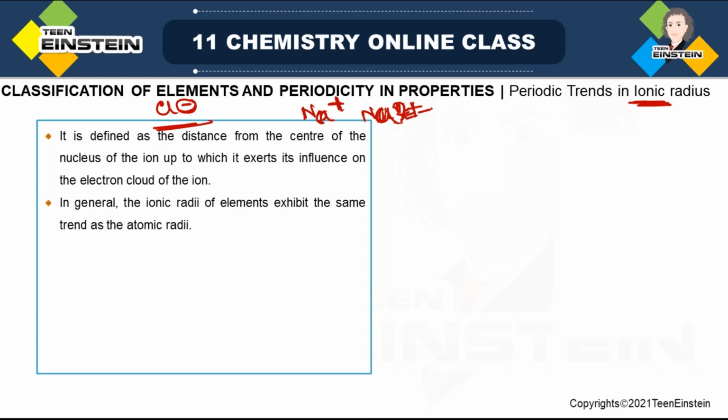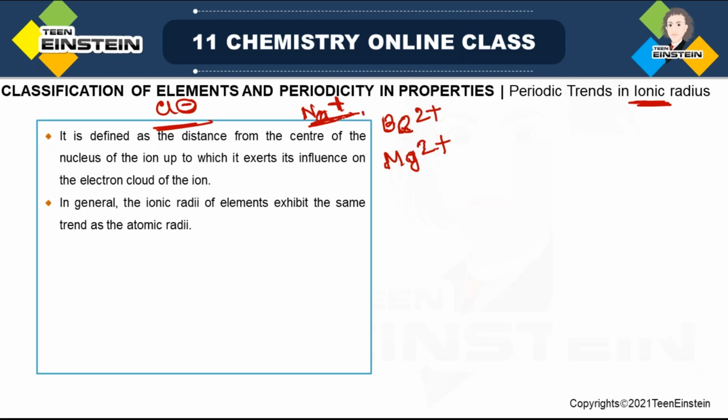But 2 plus charge, while not possible for sodium, is very common if you consider any element from group 2. For example, Be 2 plus or Mg 2 plus. But just before Mg 2 plus, there is sodium plus.